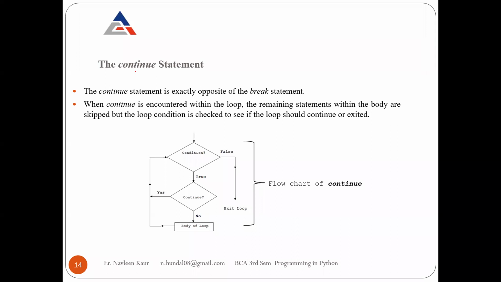So the next is the continue statement, and it is the opposite of break. Where break is saying stop, continue is saying move. Both of these are opposite of each other. Whenever continue comes in the loop, the remaining statements within the body are skipped, but the loop condition is checked to see if the loop should continue or not.